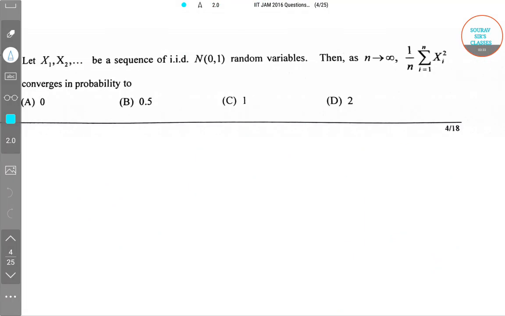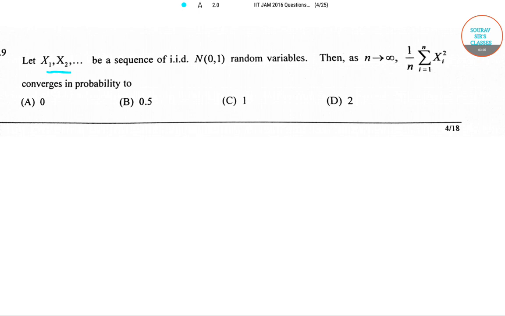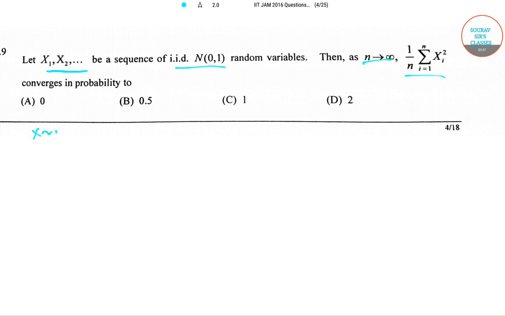The next question is, let X1, X2 up to Xn be a sequence of IID normal 0, 1 random variables. Then as n tends to infinity, 1 by n summation i is equal to 1 up to n Xi squared converges in probability to? Well, we have been given that X follows normal 0, 1.